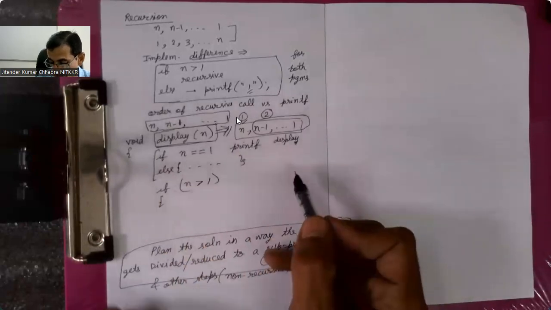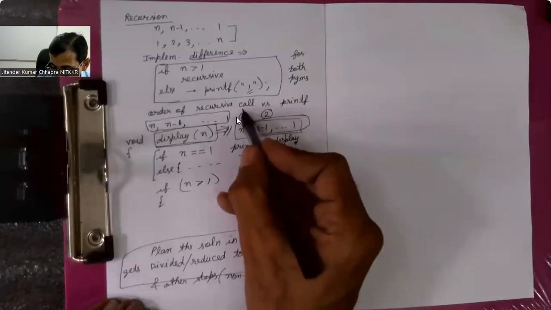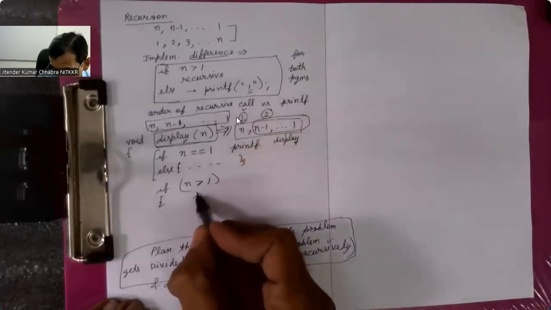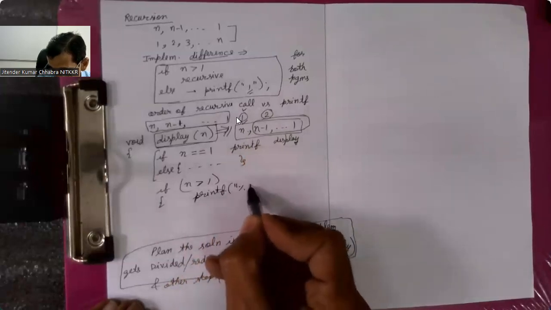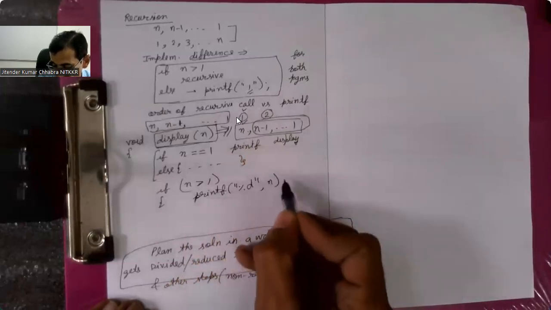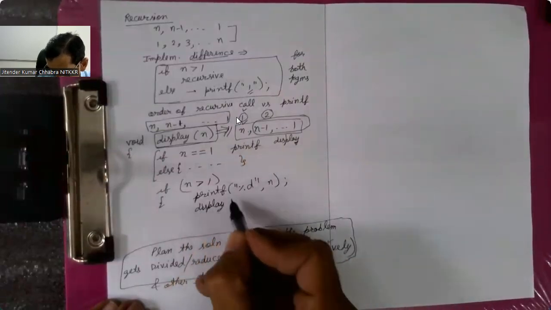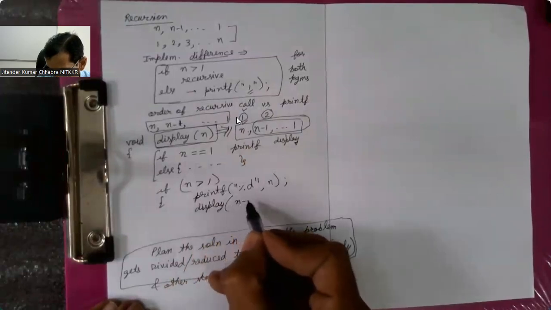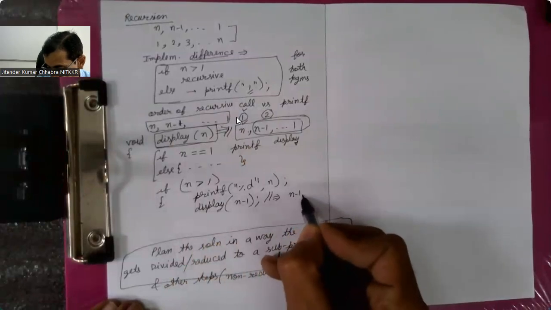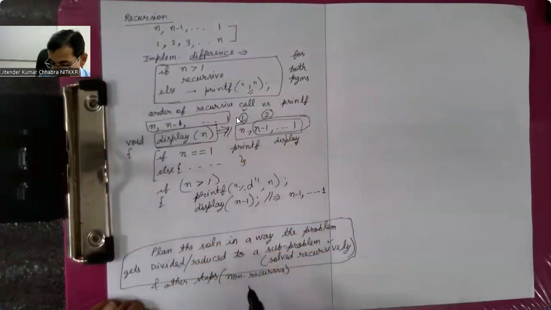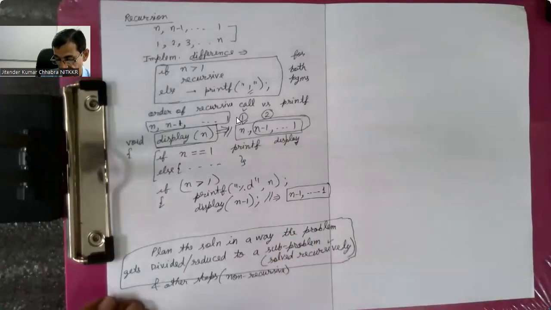Now it is n, then n minus 1 down to 1. And you could say this is the first step. So I could simply say printf %d n, followed by a display call, display n minus 1. This is equivalent to saying display n minus 1 down to 1. The same sub-problem gets solved automatically.